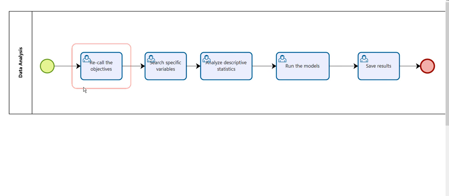Here in data analysis, maybe we run several models: descriptive statistics, probabilistic models, econometric models, machine learning, regressions, etc. We have all this machinery to do this type of statistical analysis.